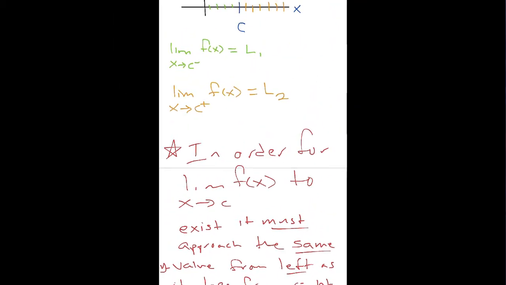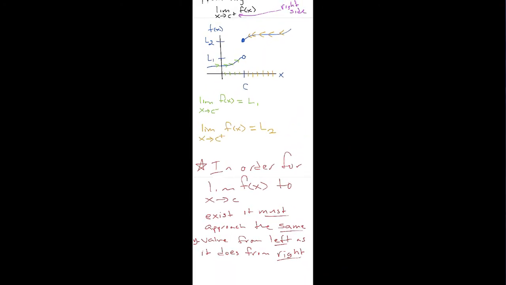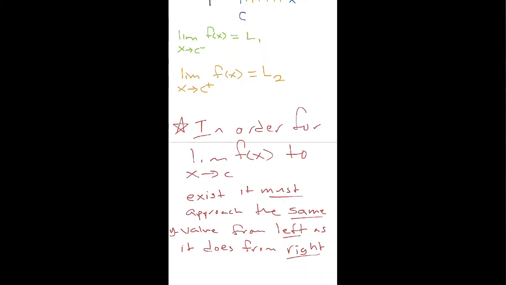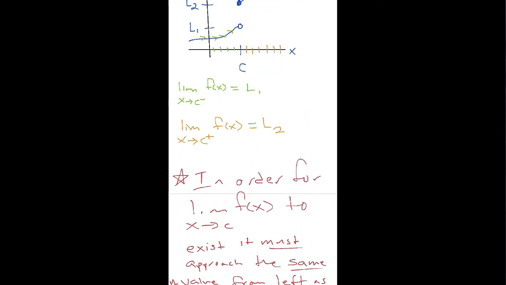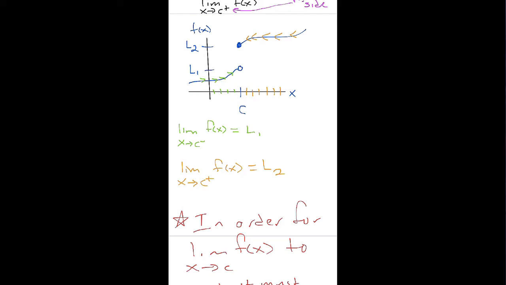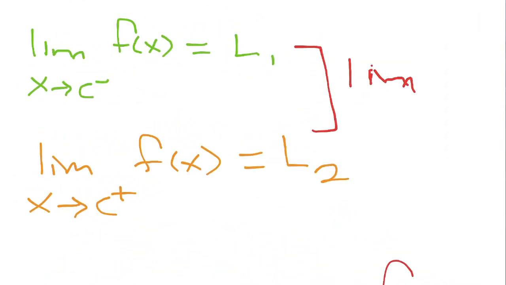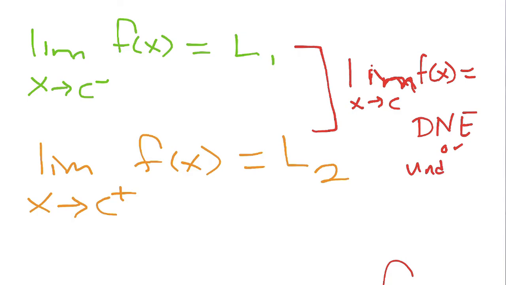So in this case up here on this graph, I'm going to scroll out to there. Oh, I don't think I can scroll all the way out. This particular example, the limit, in this particular example, if I were going to write it, let's scroll in a little bit because my writing gets bad if I don't, as x approaches c of f of x does not exist or is undefined.